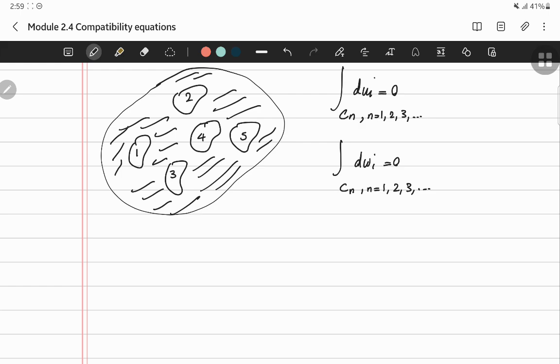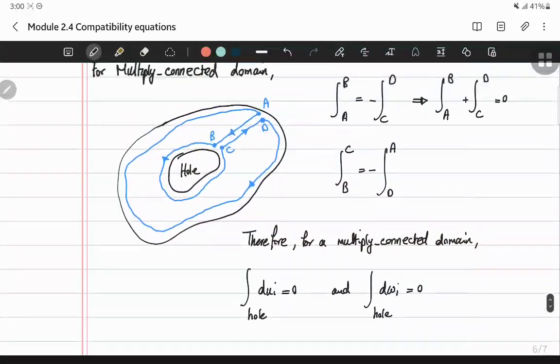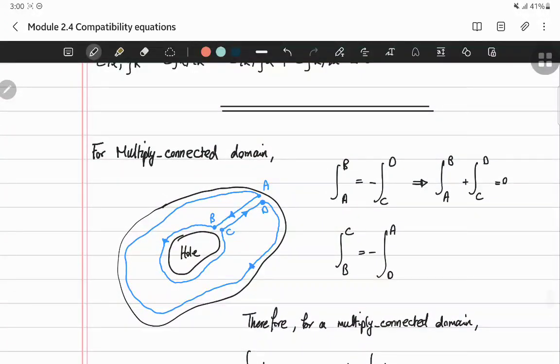But the book brought this topic, and I found it useful to explain most of the ins and outs of the incompatibility equation, where it originates, why we need it, and we also proved the necessity and the sufficiency of incompatibility equations for the multiply connected, as well as for the simply connected.